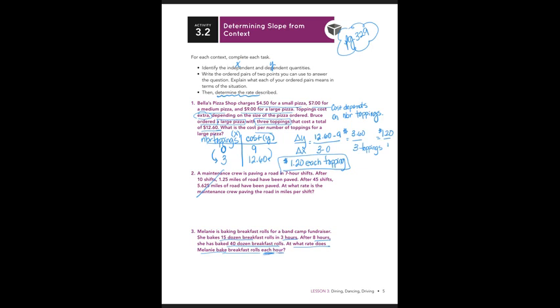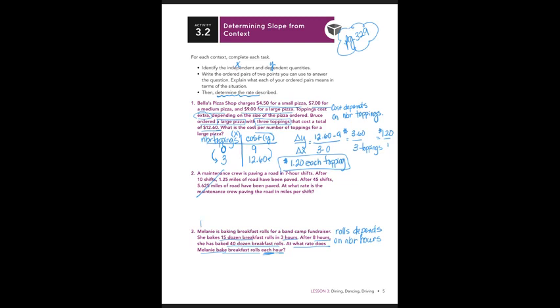Well, hopefully we can see that the number of rolls depends on the number of hours. And rather than leave these in dozens, I'm going to multiply and find out how many rolls we're actually dealing with.